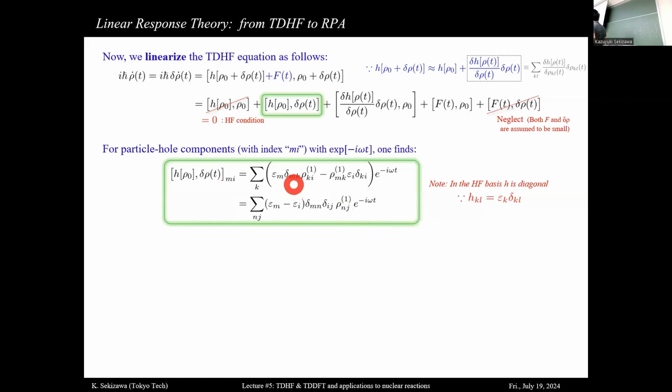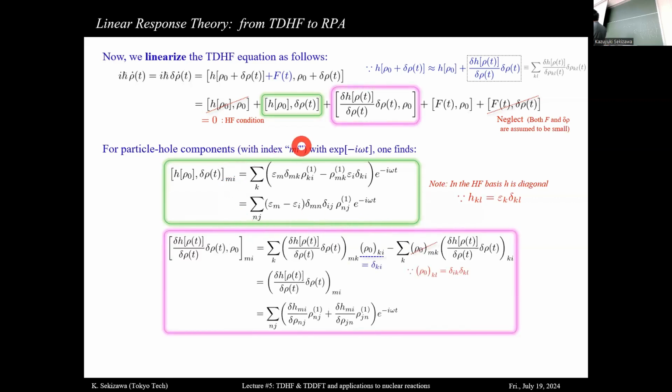So you can use this condition, and the first term is H delta rho, and the second term is minus delta rho H. So this is just a commutation relation. And you can take the summation over k, and then you can get this equation. So you have the difference between particle and hole single-particle energies times this perturbation.